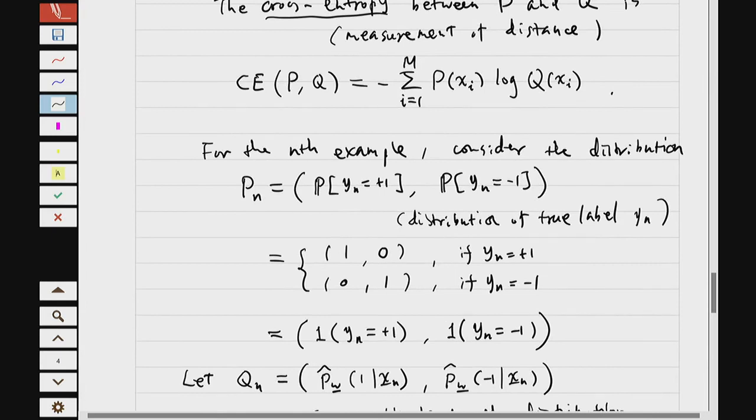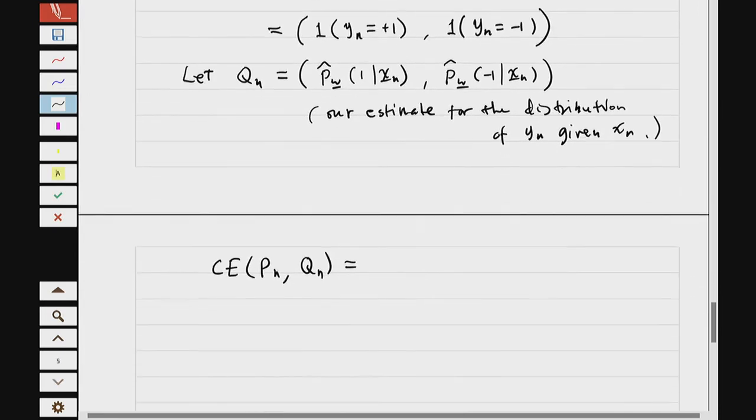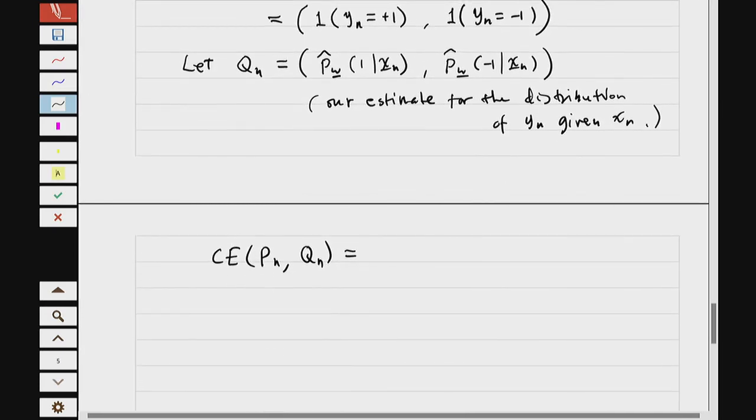We use a negative in front because Q is a distribution, so Q is always less than 1, therefore the log is always negative. That's why you put the negative sign in front to cancel that out. So it makes sense, right? Even though it looks a bit strange to measure a distance with a negative, at the end it gives you positive.